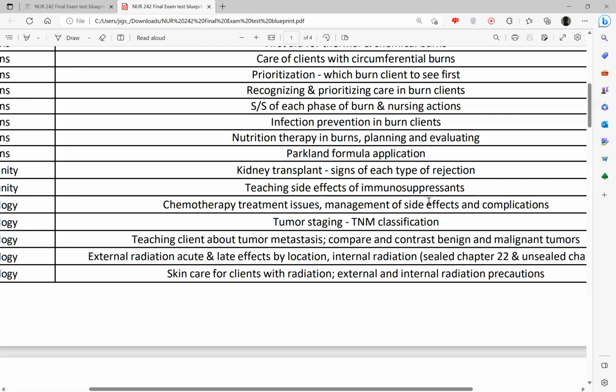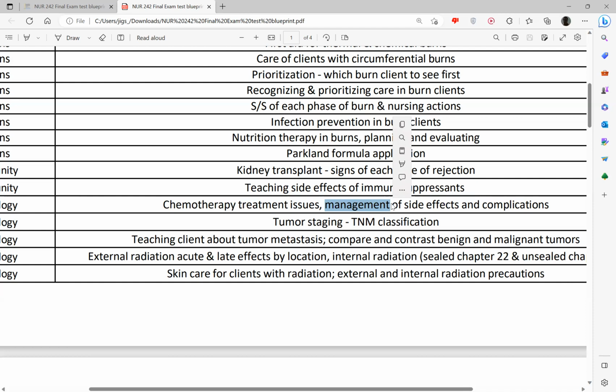So review management for each of the side effects. Management for alopecia, and management for nausea, which includes mostly medication, so make sure you know the side effects of your antiemetics. Then management for anemia, thrombocytopenia, and neutropenia.